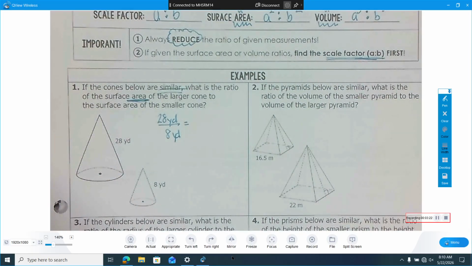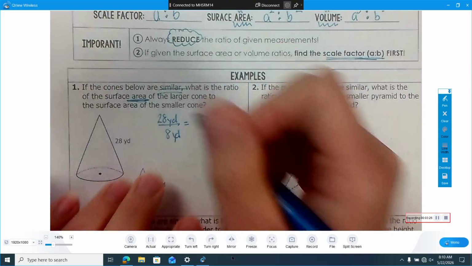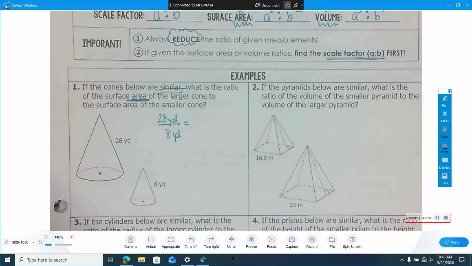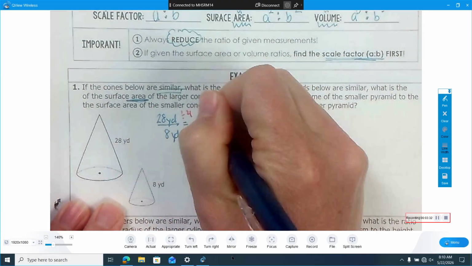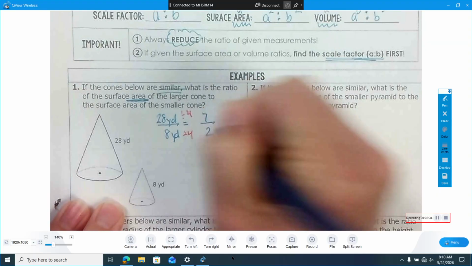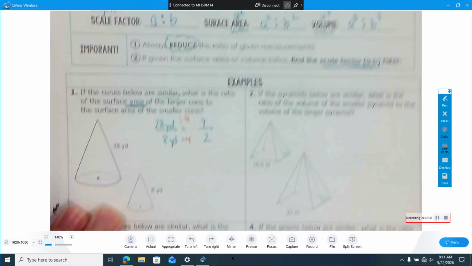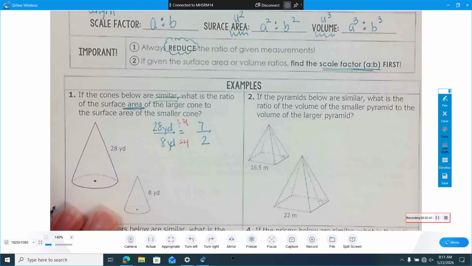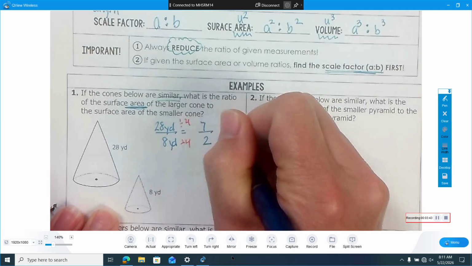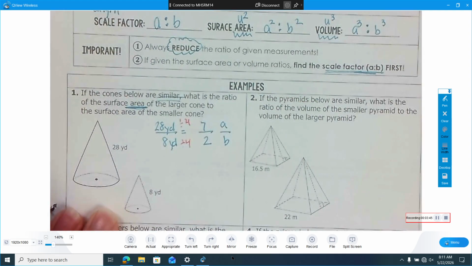And those reduce. What can we reduce those to? 7 over 2. So you divide it by 4. All right. So we can divide by 4, top and bottom. That gives me 7 over 2. And what is that in my little factor ratios here? A to B. They are the scale factors. That's our A and our B. All right.